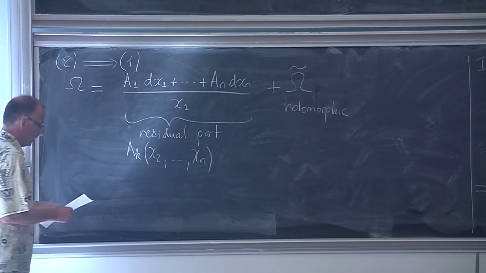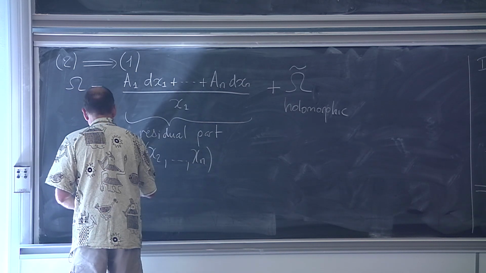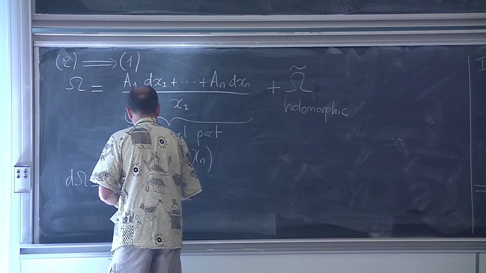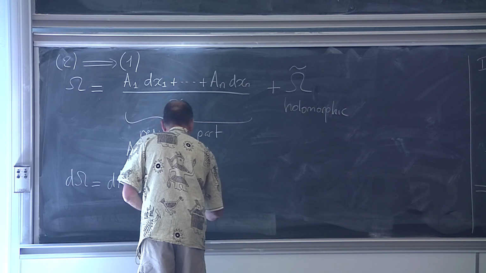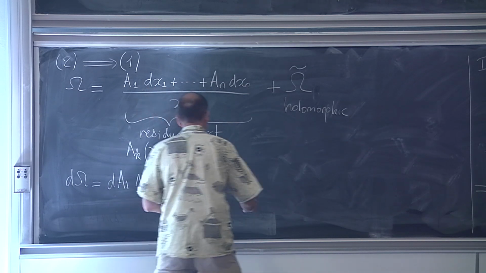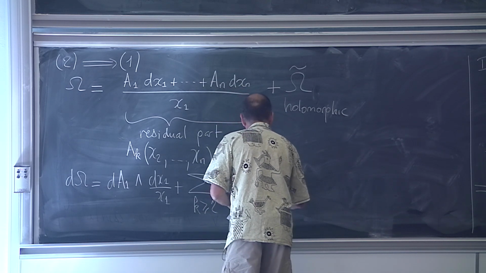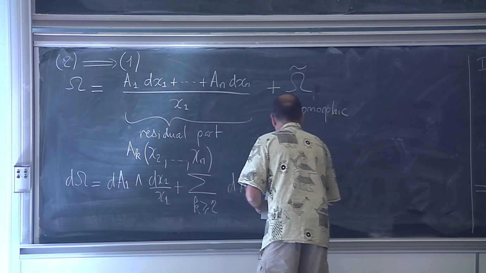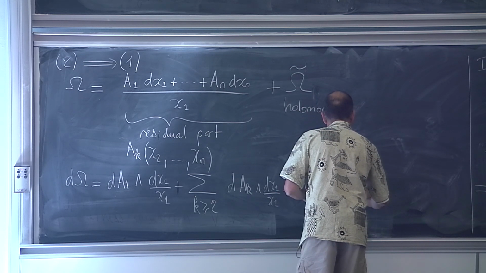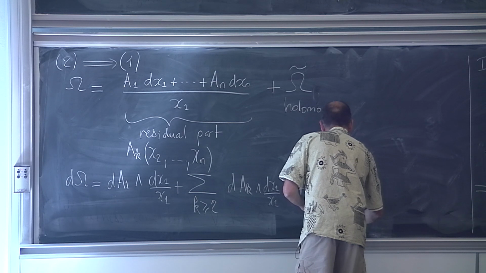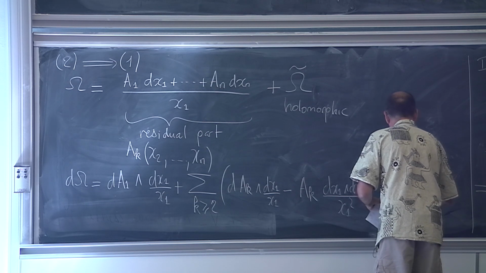And then you can compute d omega. So d omega is dx1 wedge dx1 over x1 plus the sum for k greater or equal to 2 of dAk wedge dx1 over x1 minus Ak dx1 dxk over x1 square, plus something which is holomorphic.